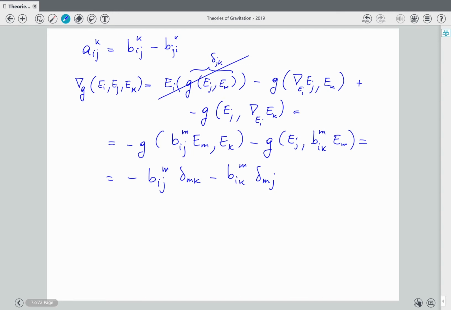That's a condition on the coefficients. Basically, it says that in these two indices, which must be raised and lowered, but let's not do it, the matrix B is antisymmetric.